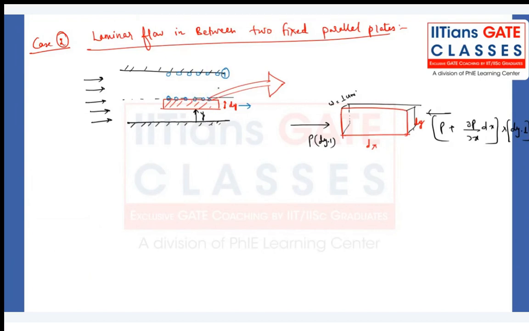When the fluid starts flowing with some velocity u, definitely this plate will offer some kind of resistance onto the fluid layer.